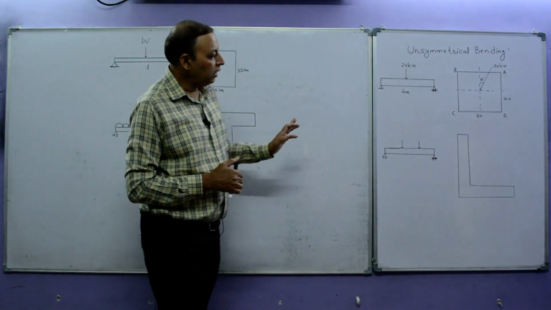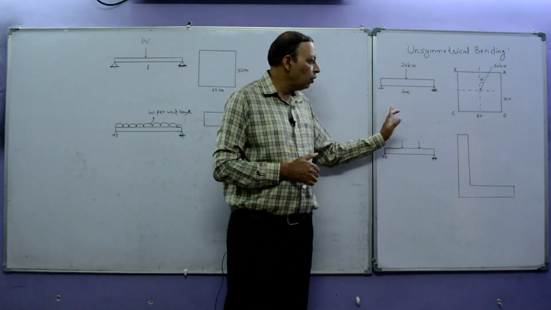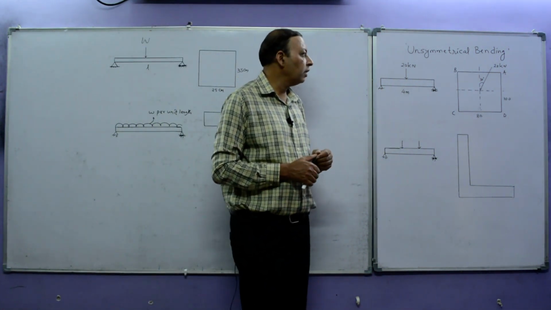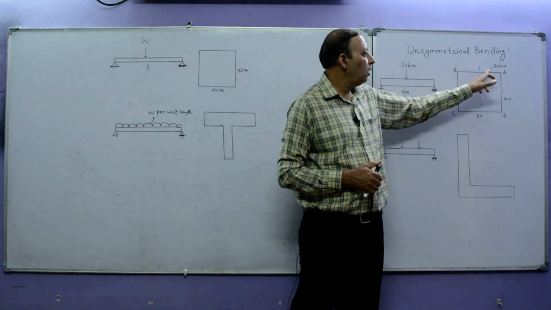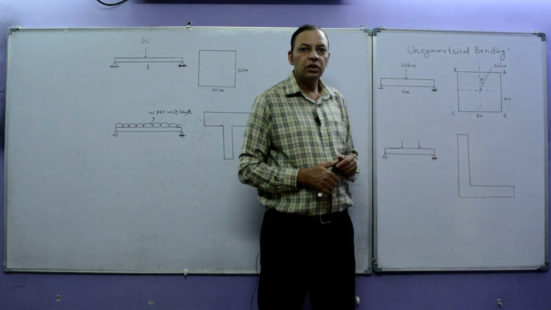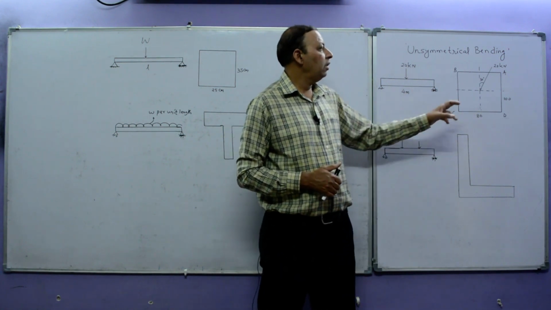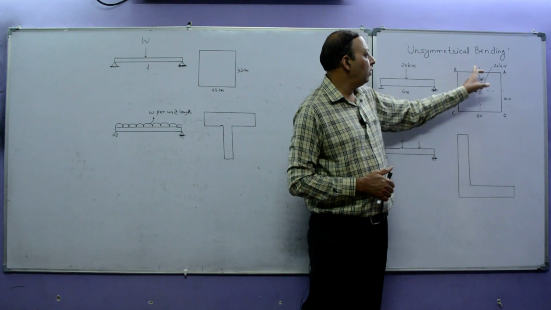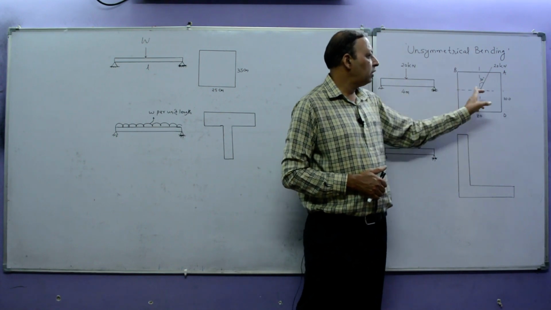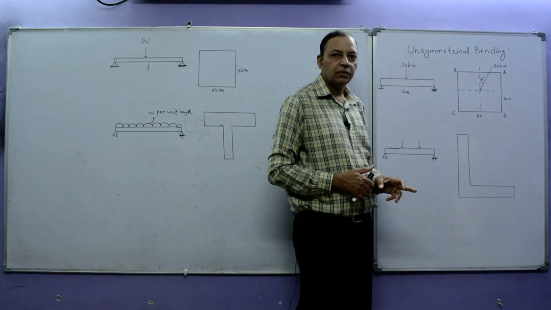But this assumption is not valid for unsymmetrical bending, because this is the load which is passing through the centroid of this cross-section area. It has two components, one along the vertical axis, second along the horizontal axis.